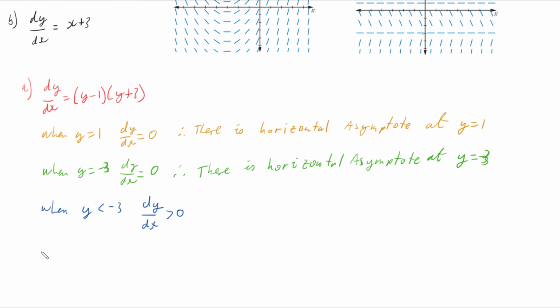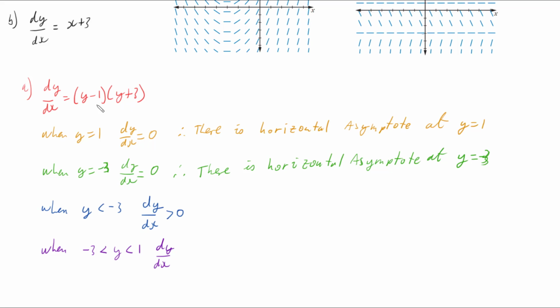We can also have a look when y is between our two asymptotes, so when negative 3 is less than y is less than 1. What's going to happen to dy dx in between these two values? Let's just put in 0, that's going to be a nice easy one. We've got negative 1 times 3.